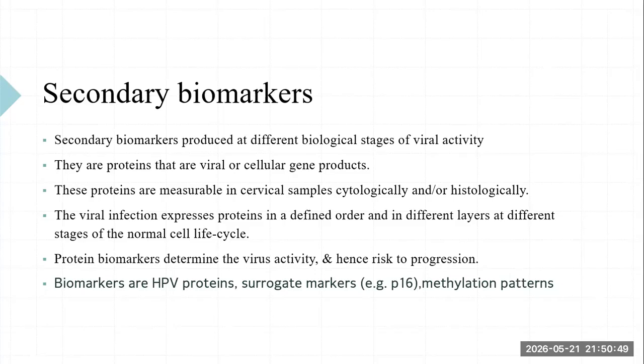When this starts happening, there is a degradation of cellular material as well as some of the viral material. So the secondary biomarkers are the proteins that are viral or cellular gene products.